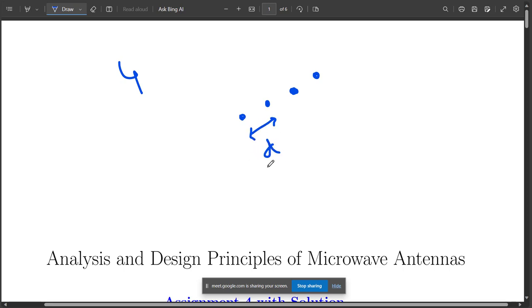How much will it be? Total distance L, the length of the array, how much will it become?